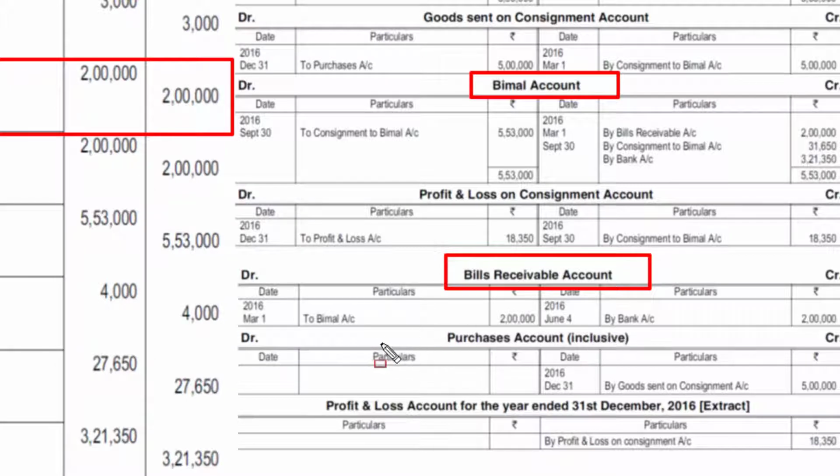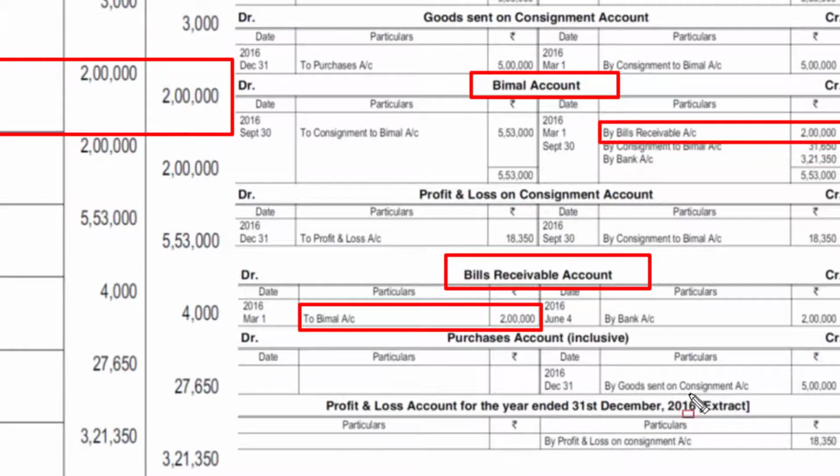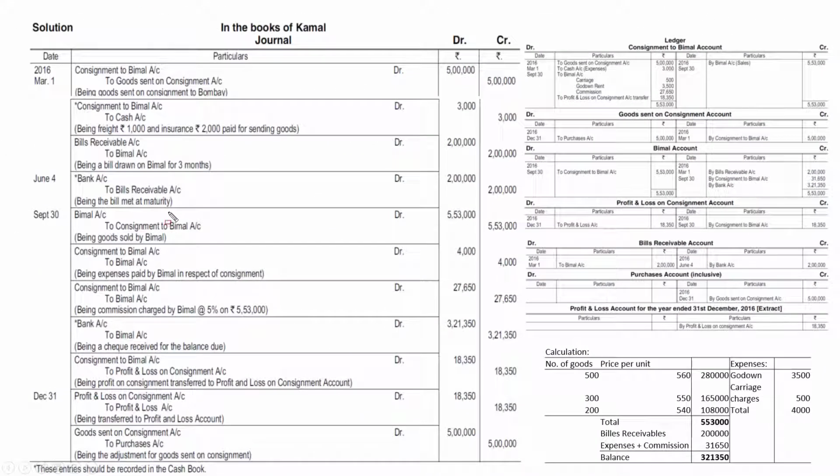That is, the bills receivable will be debited by 2 lakh and Bimal's account will be credited by 2 lakh. After the maturity period, this bill will be recorded in the bank account of Kamal at June 4.